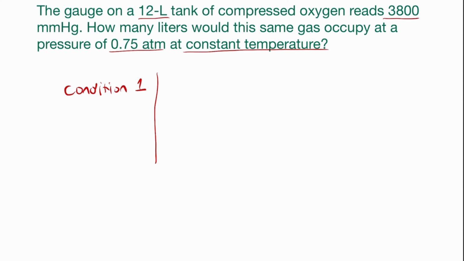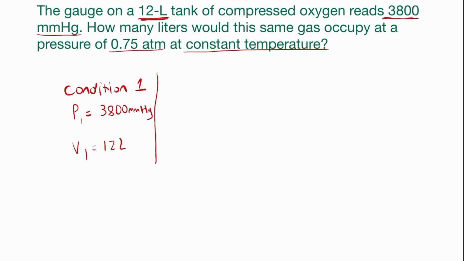So we're given our pressure, right? It reads 3,800 mmHg. So we're given the first, or the initial pressure, which is 3,800, right? The volume we're given, the initial volume is 12 liters. So we could go ahead and put that in our condition 1 as well.